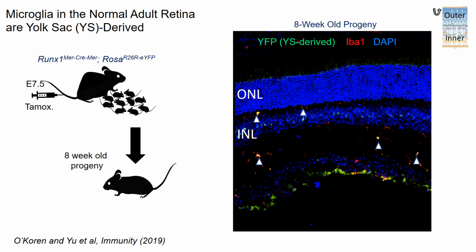And indeed, what we saw was that YFP microglia were found in both the inner and outer plexiform layers, effectively tracing these microglia back to the yolk sac.